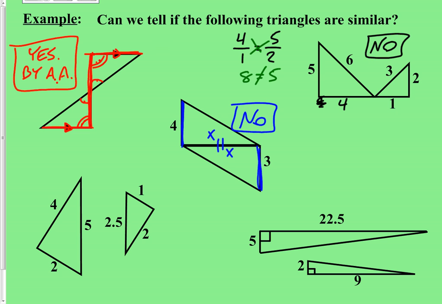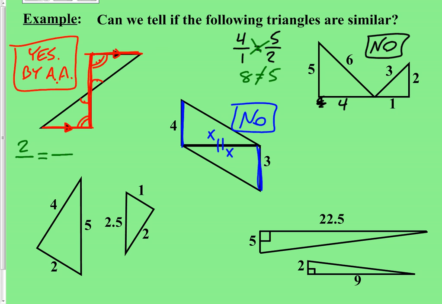Now moving to the triangles down on the left side, obviously, once again, we have all kinds of side information, but we do not have any angle information. So that means we're probably going to be looking at side, side, side to see if this will work or not. So let's set up some proportions here. On the left side, the smallest side length would be the 2.